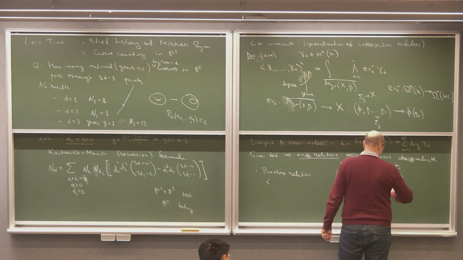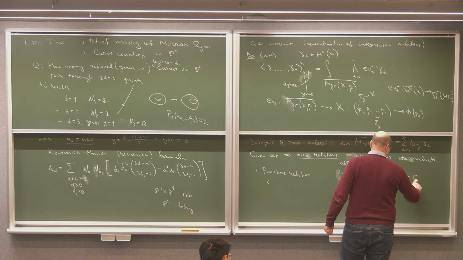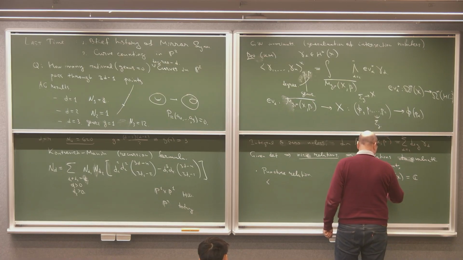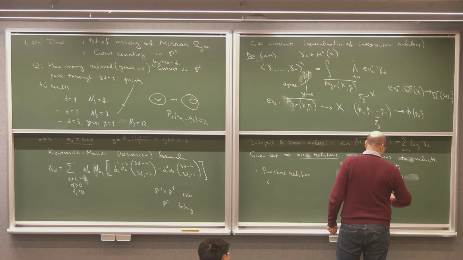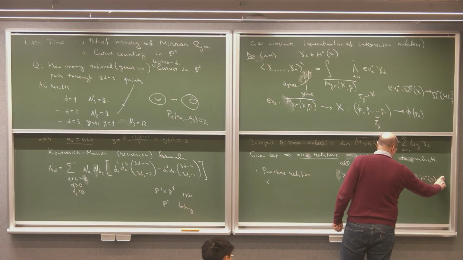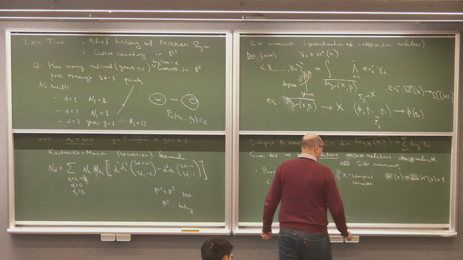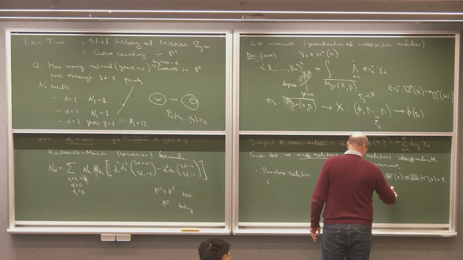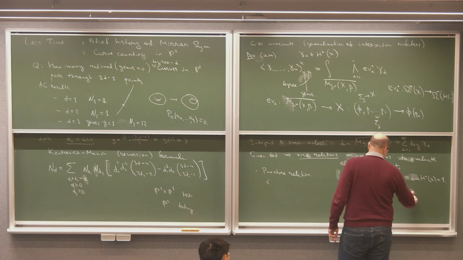So it means that H^0 of x, with coefficients in complex numbers, has dimension 1. So therefore, in the cohomology of x, we have constants.